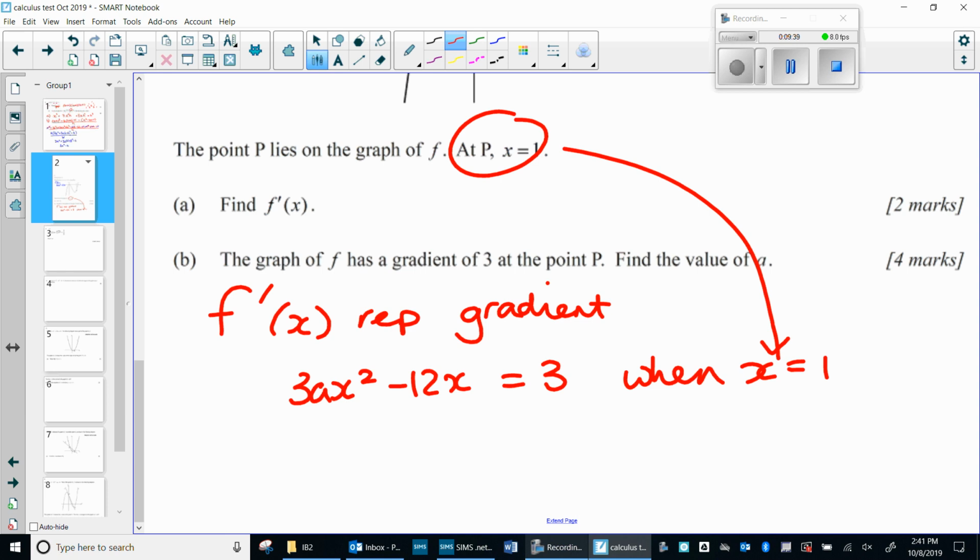That doesn't mean it represents the gradient. It needs to be clarified. I'm serious.